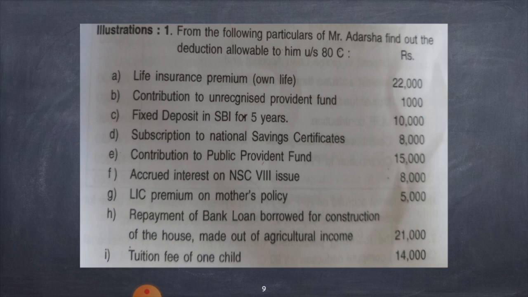So, life insurance premium, own life 22,000, contribution to unrecognized provident fund, fixed deposit in SBI for 5 years, subscription to national savings certificate 8,000, contribution to public provident fund 15,000, accrued interest on NSC 8th issue 8,000, LIC premium on mother's policy 5,000, payments of bank loan borrowed for construction of the house made out of agricultural income 21,000, tuition fee of one child 14,000.